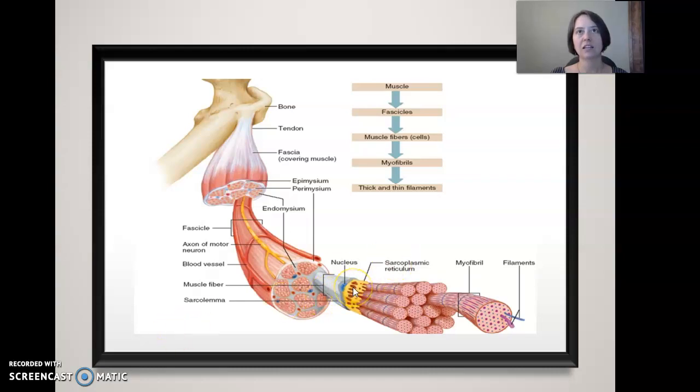Anything that has to do with muscles either starts with the prefix myo, or the prefix sarco. So here's the sarcoplasmic reticulum, and then you can see each muscle cell is made up of a bunch of myofibrils, which are then themselves made up of a bunch of protein filaments, protein strands. And we're going to talk about this structure more in depth.